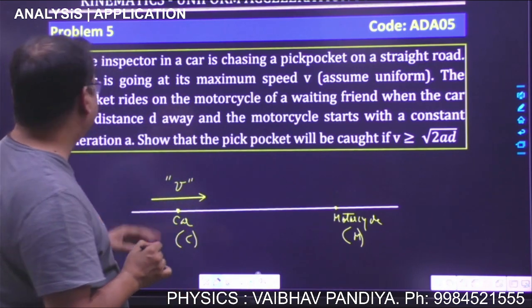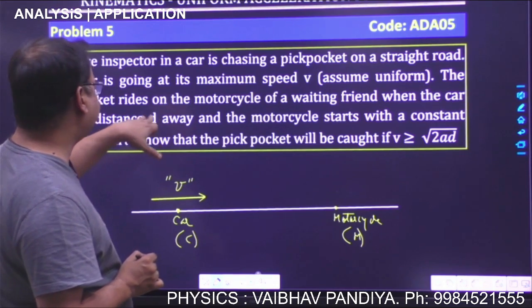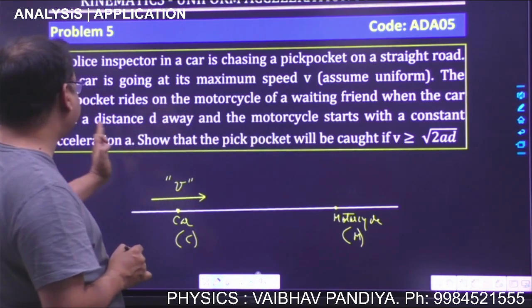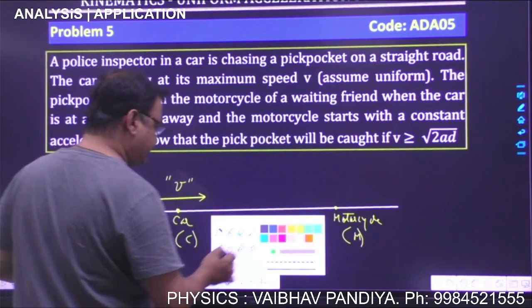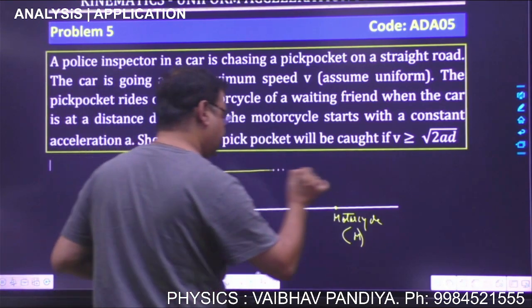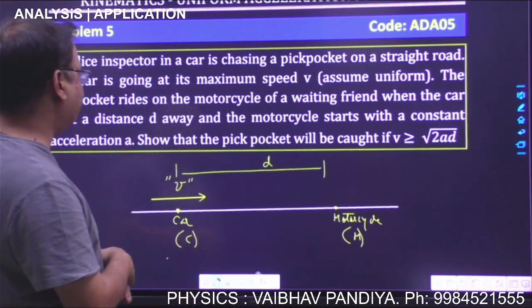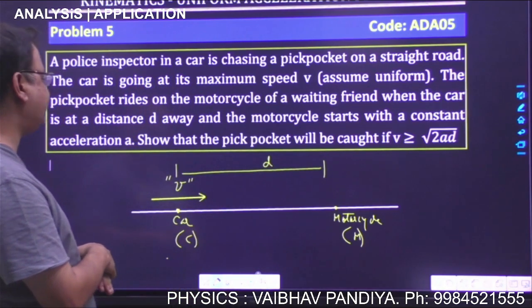And this is the maximum speed, and the pickpocket is going to ride on the motorcycle of a waiting friend when the car is at a distance d. So there is the motorcycle, and the motorcycle starts with a constant acceleration a.